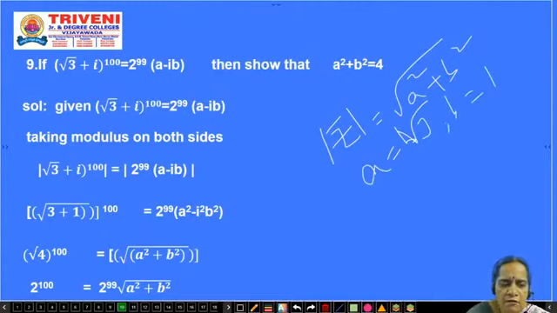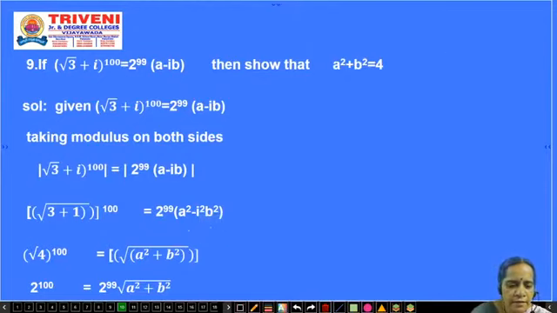Substitute here. What do we get here? Square root of root 3 square plus 1 square whole power 100 is equal to 2 power 99 into square root of a square plus i square b square. That is, taking the modulus square root on both sides.